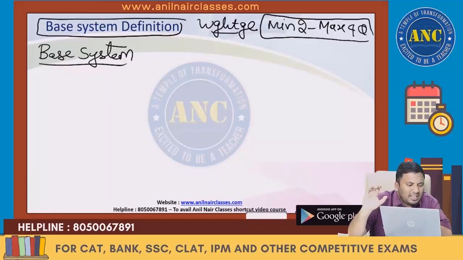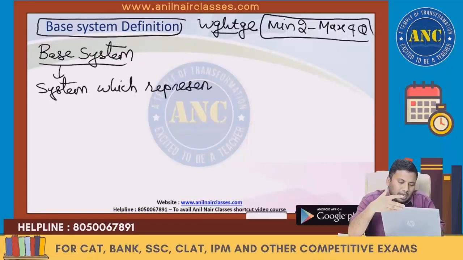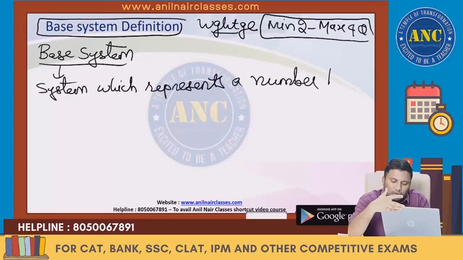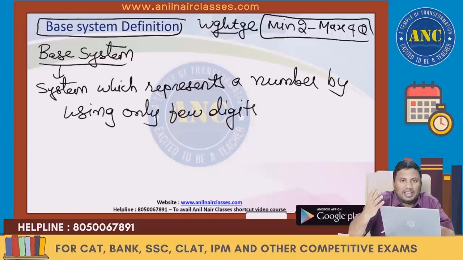Now, base system is nothing but a system which represents a number by using only a few digits. If you represent a number by using few digits only, then that system is called a base system.